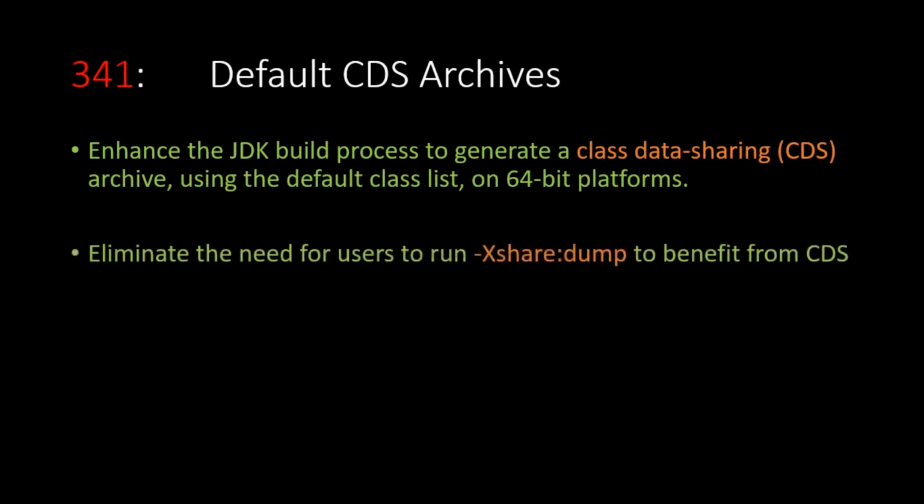Earlier, if a developer wanted to take advantage of this feature, they were supposed to use the Xshare:dump command line argument, which they no longer have to do. It will be done automatically by JDK 12, which is said to improve performance during startup time.